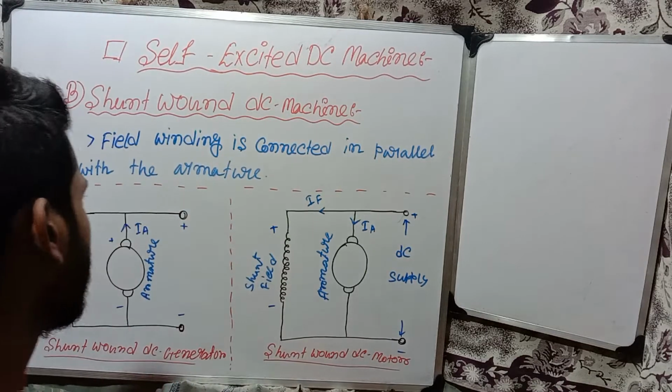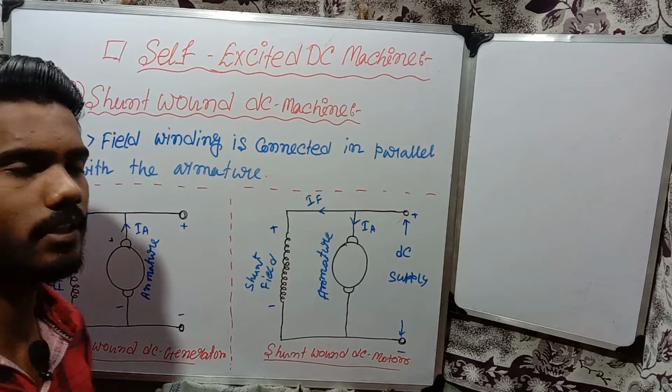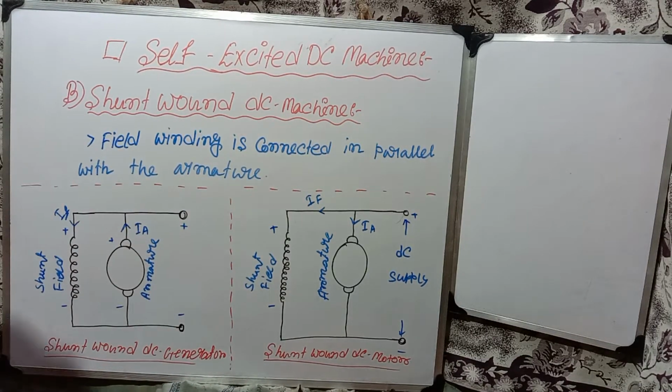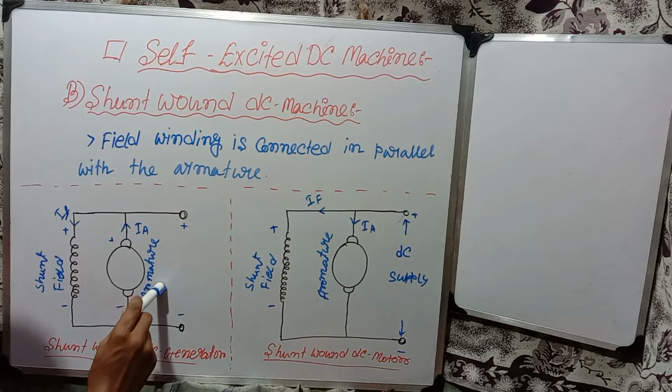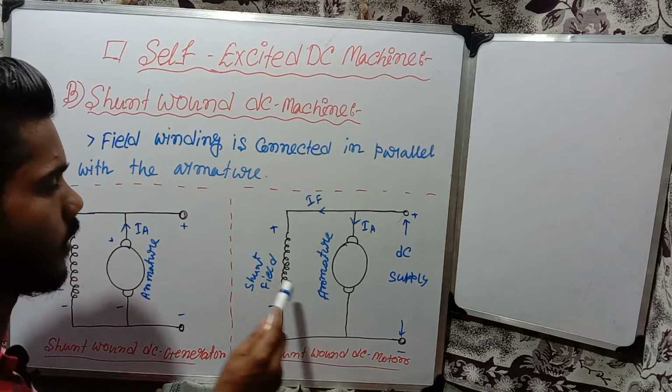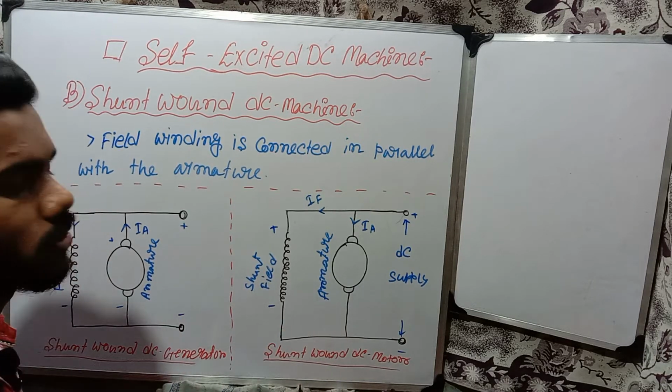That means if the field winding is connected in parallel with the armature, then we can call this a shunt wound DC machine. We can see this is a shunt wound DC generator and this is a shunt wound DC motor.